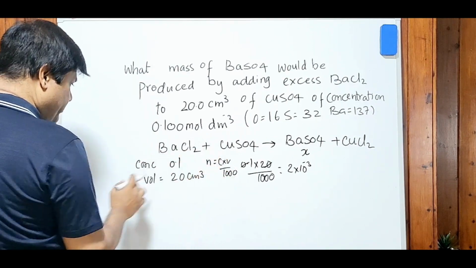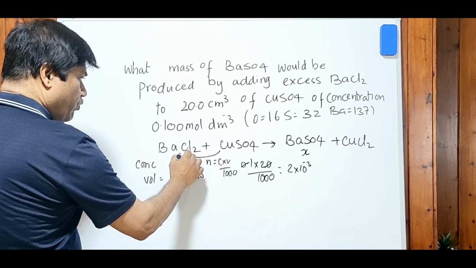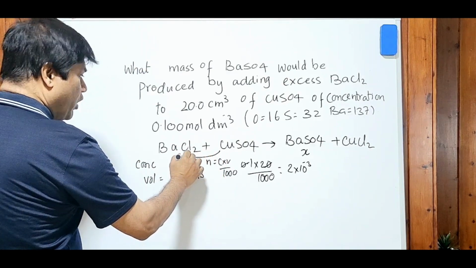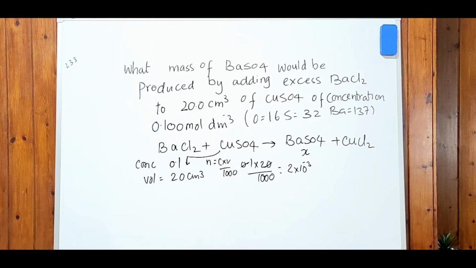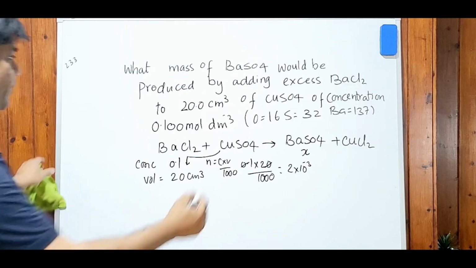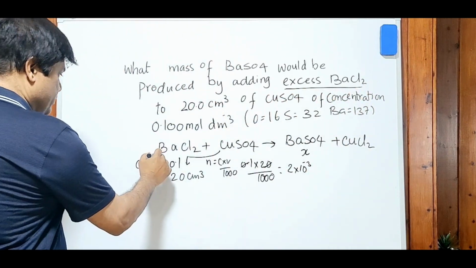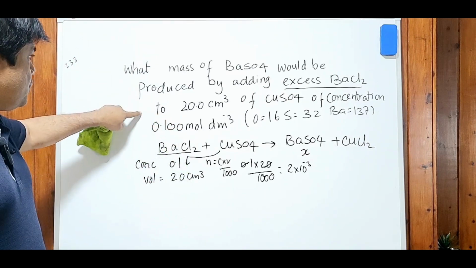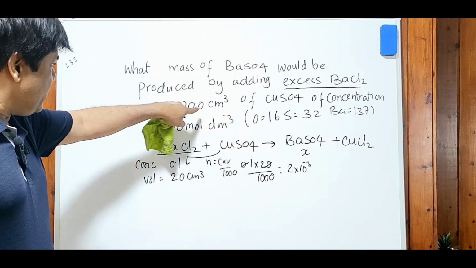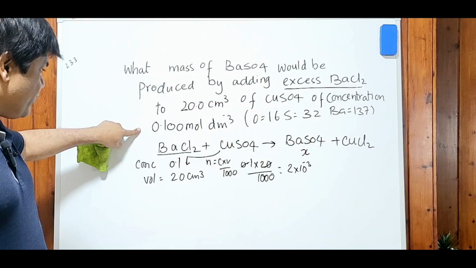So this is the volume and concentration of copper sulfate, not the barium chloride. Look at that. Barium chloride is in excess. So that says in excess. 20 centimeter cube of copper sulfate and a concentration of copper sulfate is given.